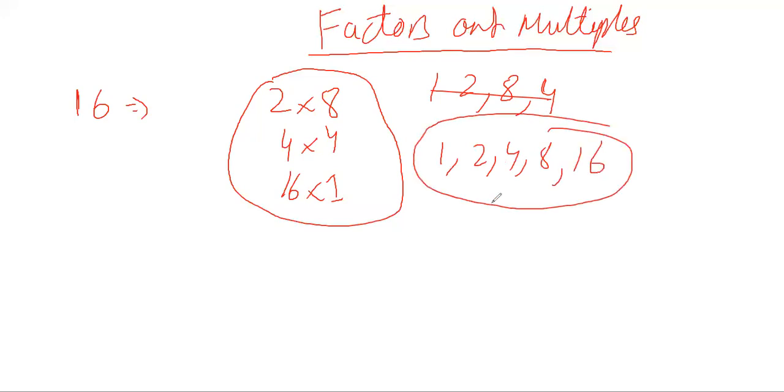These all are what? Factors of number 16. Okay. Numbers which when multiplied by each other make up a specific number are known as factors. So they all are factors of 16.